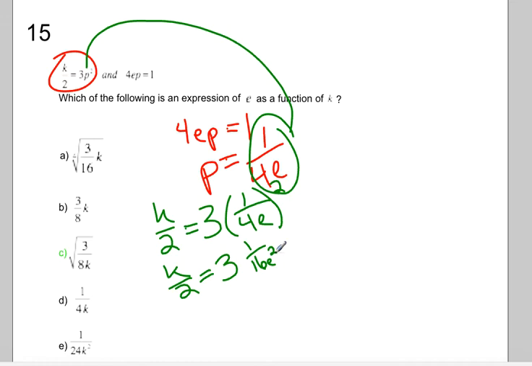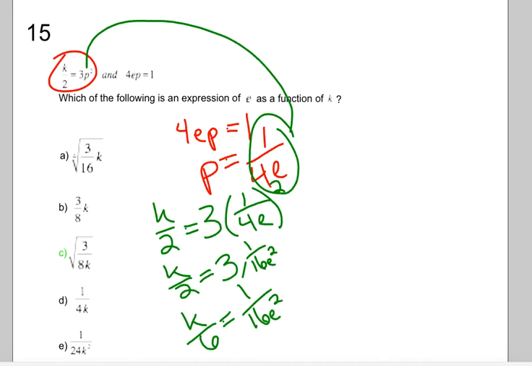So a couple ways you can do this. It's really not going to make a huge difference either way. I'll divide both sides by this 3 just to get rid of the 3, but it doesn't really matter either way. But if I divide by 3, I'm going to get k over 6 equals 1 over 16e squared.